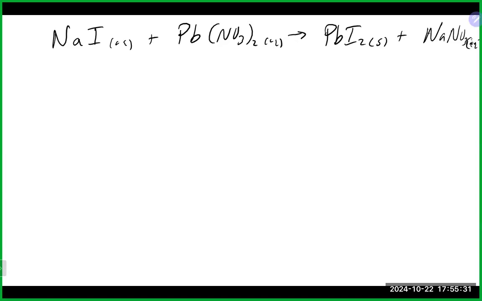So let's say that we, in this case, actually produced 10.6 grams of PbI2.